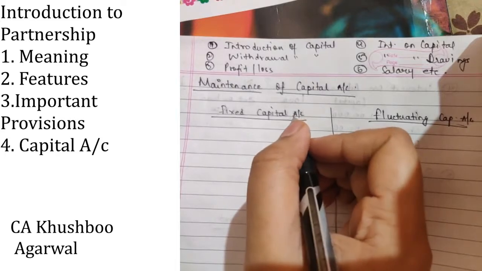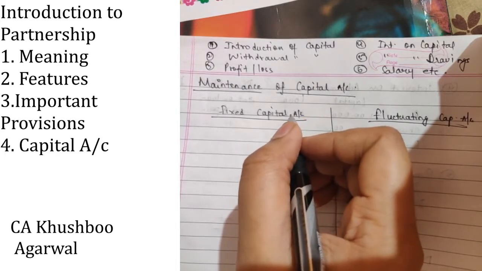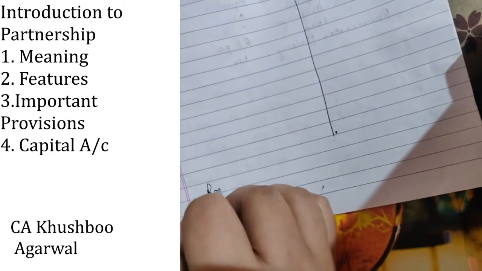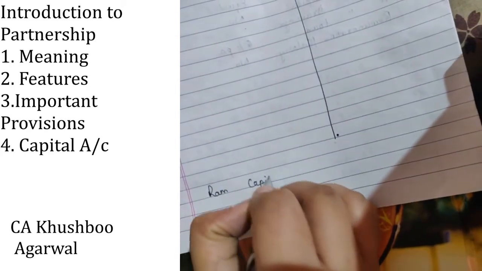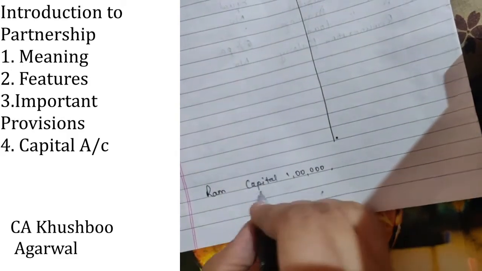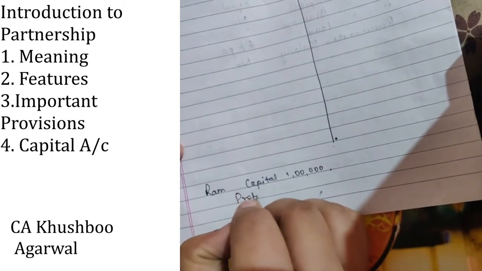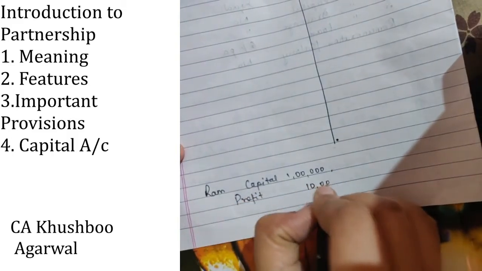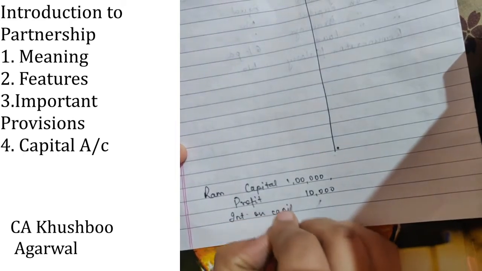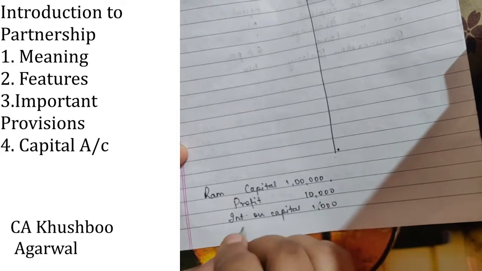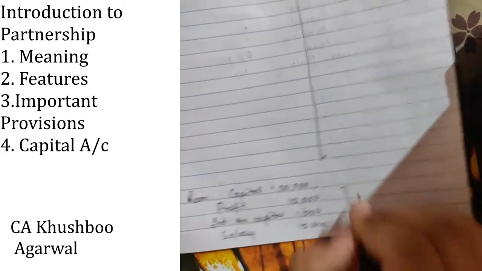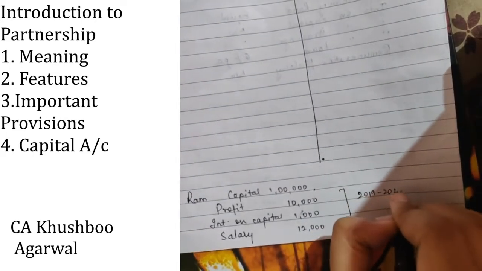So what does fixed capital account consider? Fixed capital account says that suppose Ram has brought in a capital of 1 lakh rupees. Now, he was entitled to a profit for the year of say 10,000, and interest on capital of say 1,000 rupees, and a salary of 12,000 for the year 2019 to 2020.